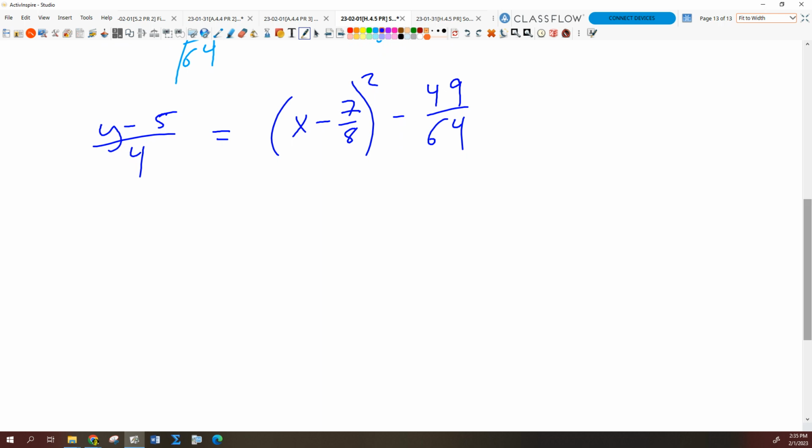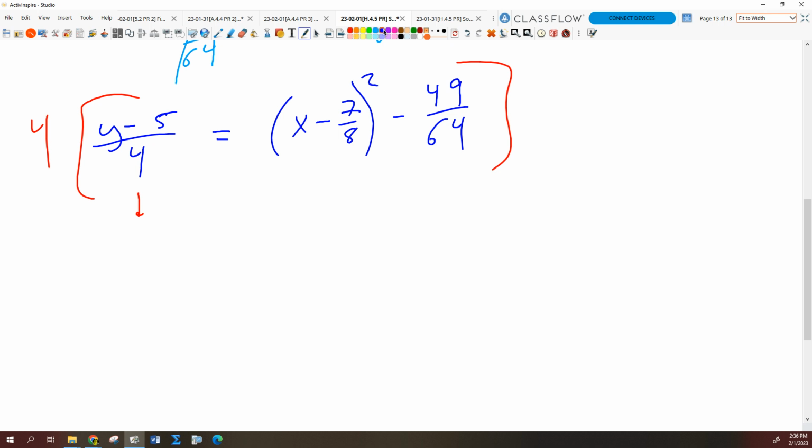Now what? Multiply by 4. Right. Okay, good. We got to multiply by 4. So we'll distribute a 4 all the way through. Well, that's going to cancel the 4 in the denominator here, right?